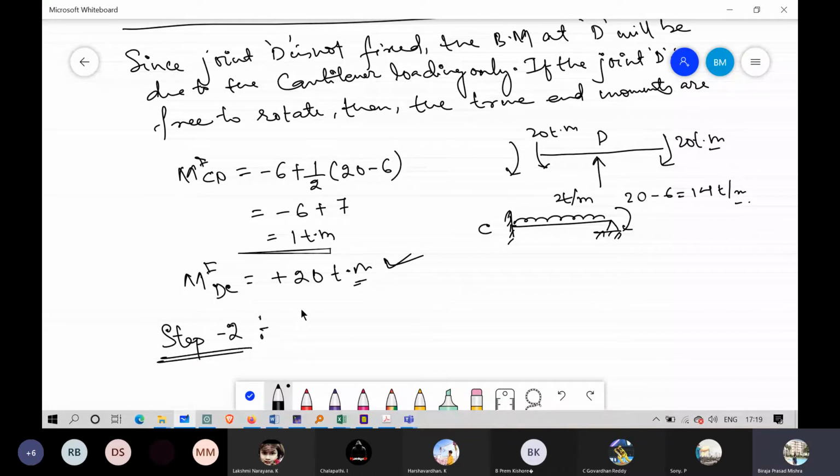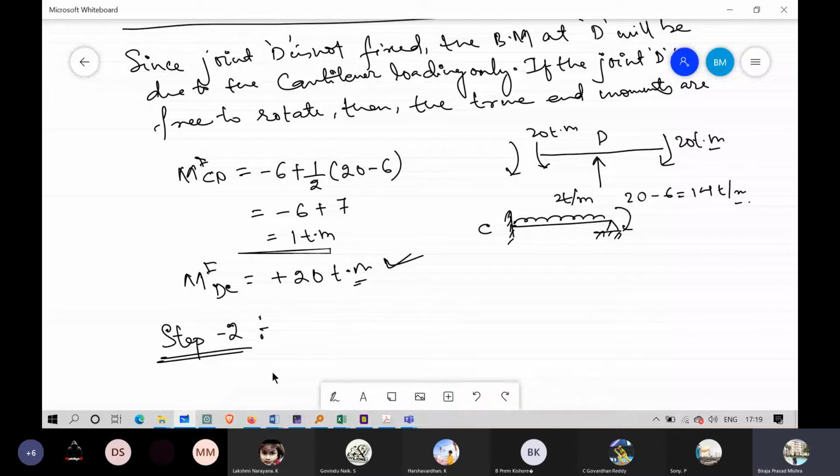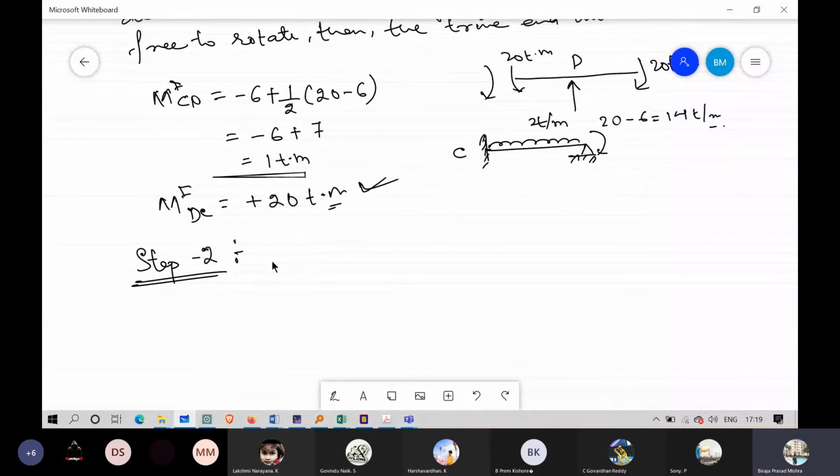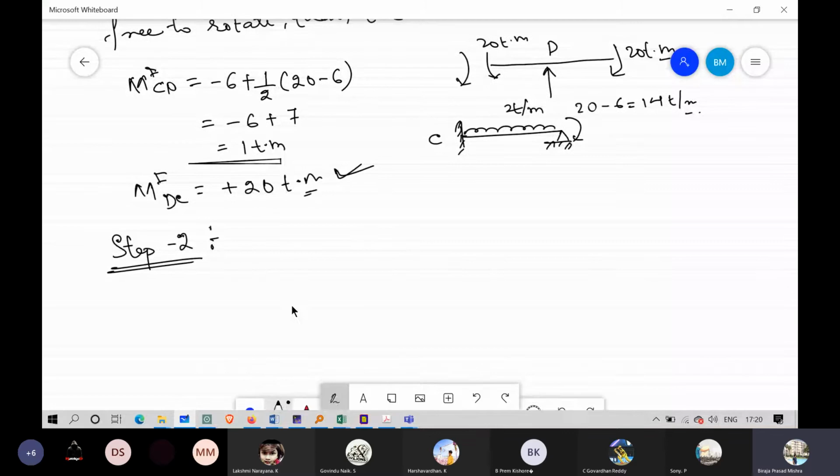Please tell me. Distribution factor, sir. Distribution factor. Okay. So step 2 is the relative stiffness.